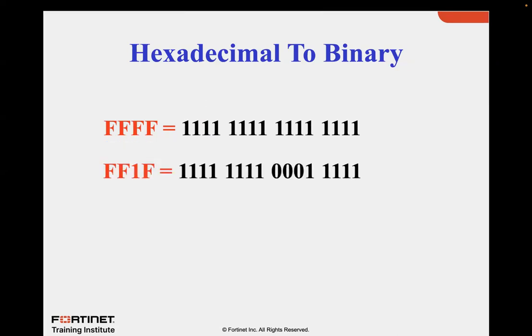If I was to change one of the middle nibbles, the second nibble in this direction, from a value of 15 to a value of 1, this would be F, 1, F, which is what you see right here.